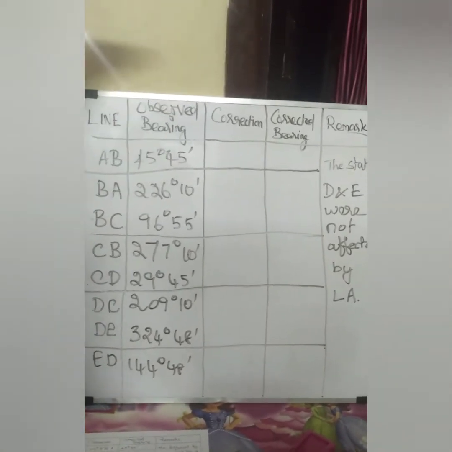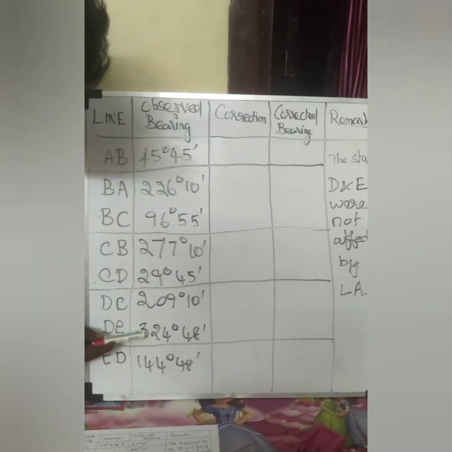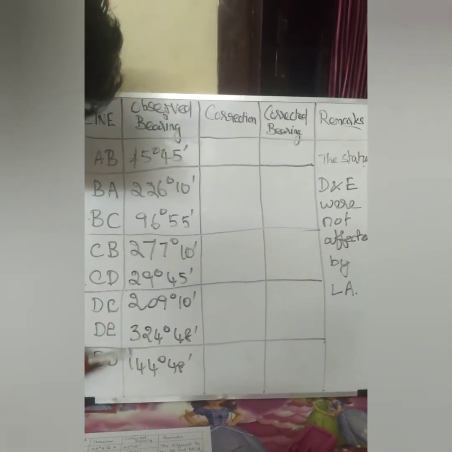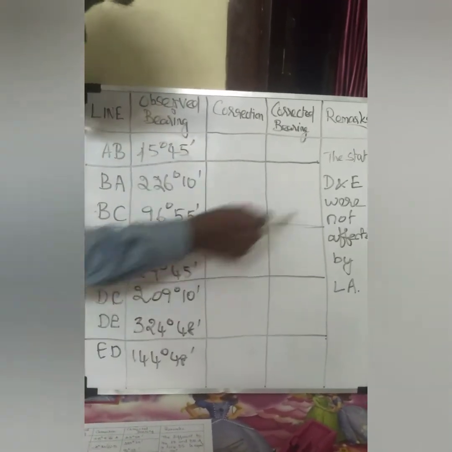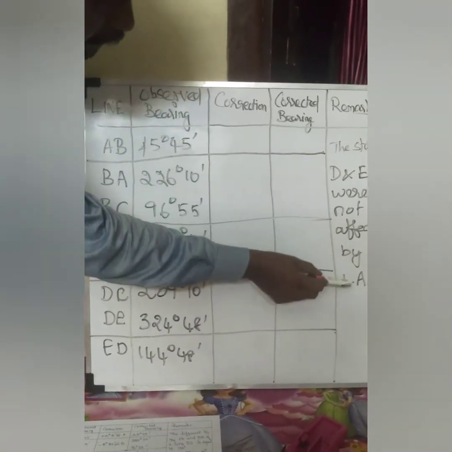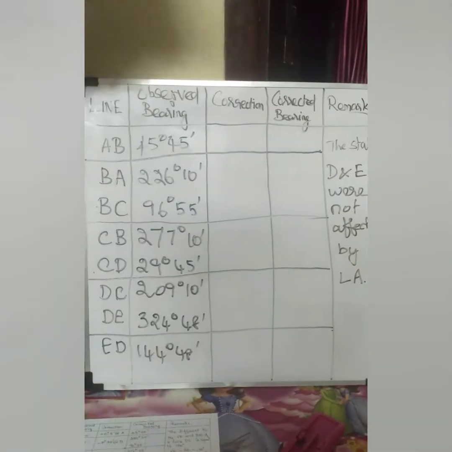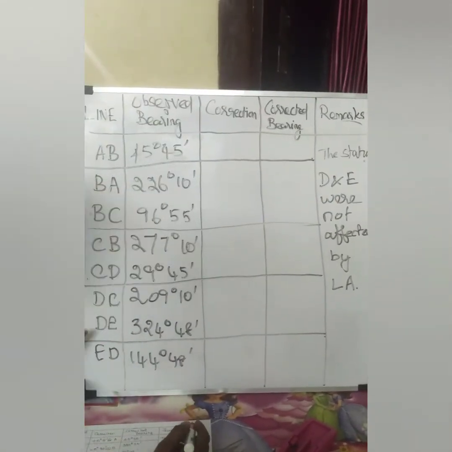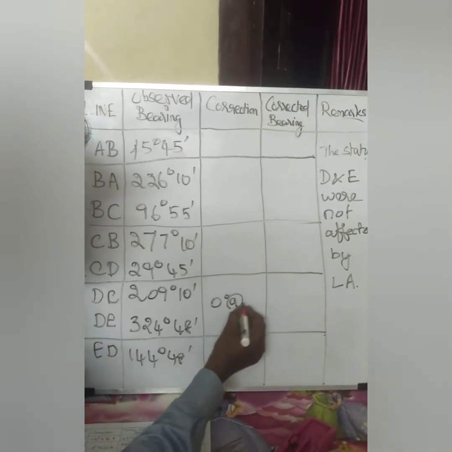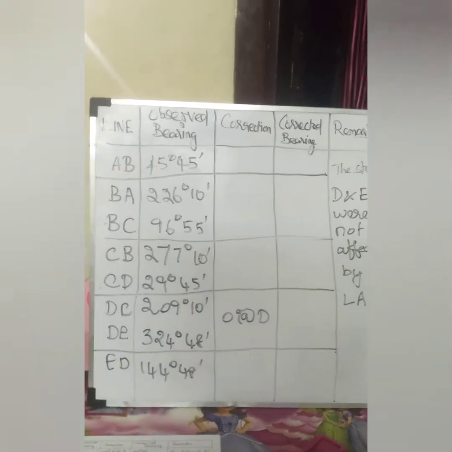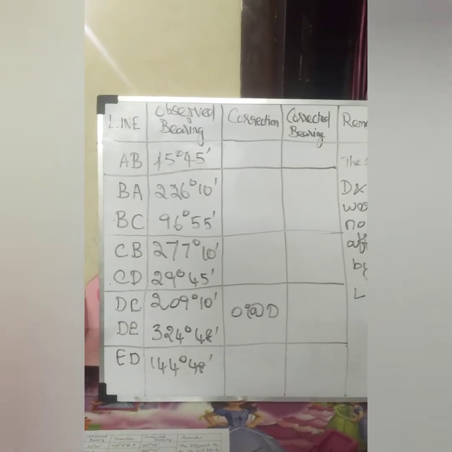The difference between the forebearing and back bearing of line DE, 324 and 144, is exactly 180. So from this we can conclude D and E are not affected by local attraction. So the correction here is 0 degree. No correction here because the difference between the forebearing and back bearing of line DE is 180 degree.